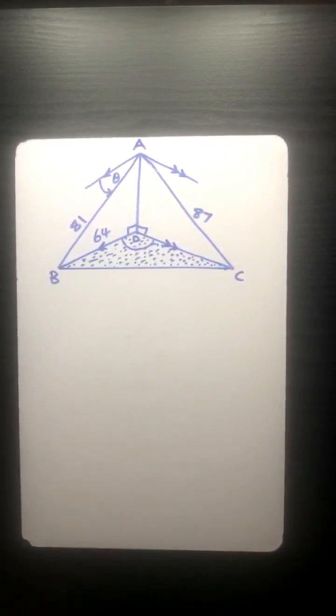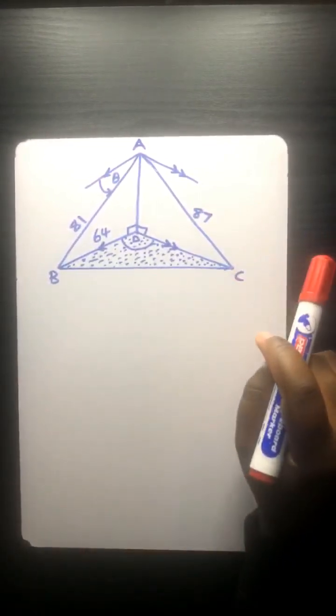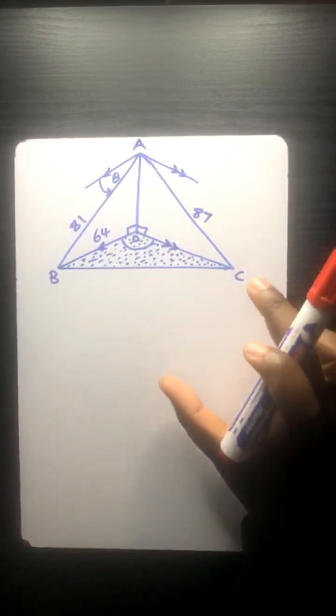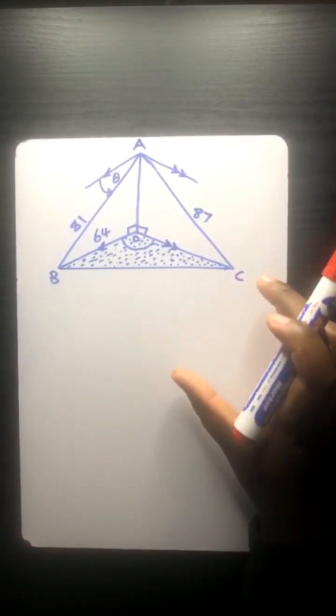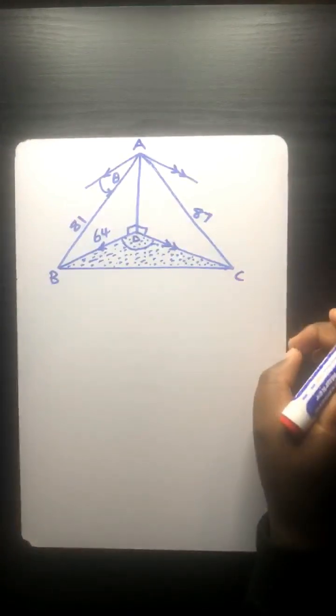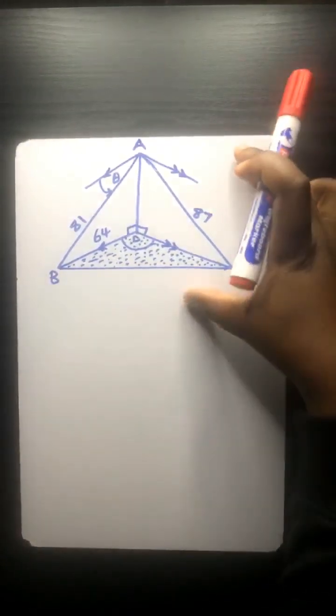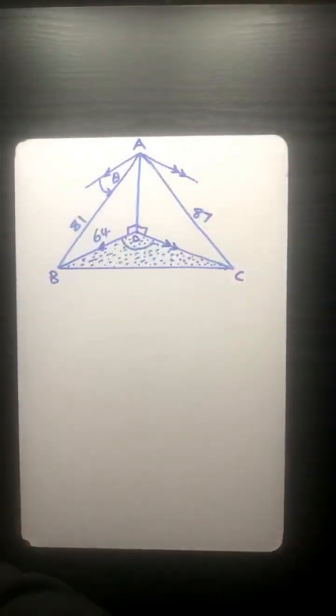Most importantly, honorable members, in most cases you will be given a statement, and that same statement is going to be represented diagrammatically. So this is a diagrammatical representation of the statement that I've just read.